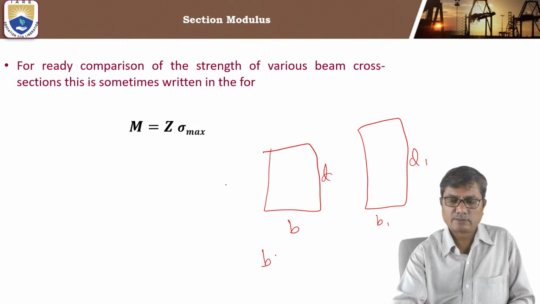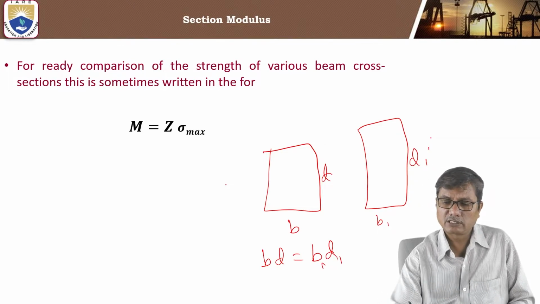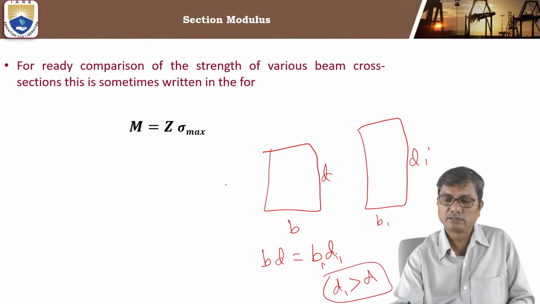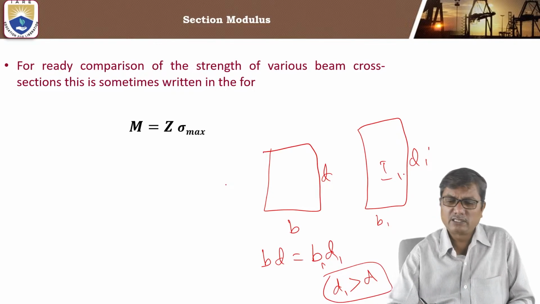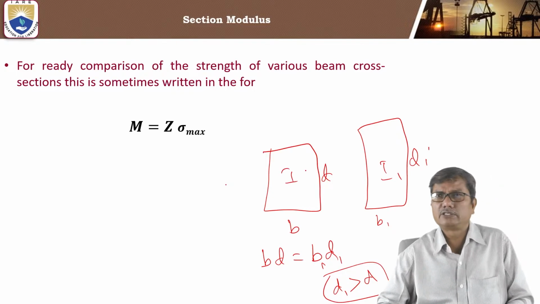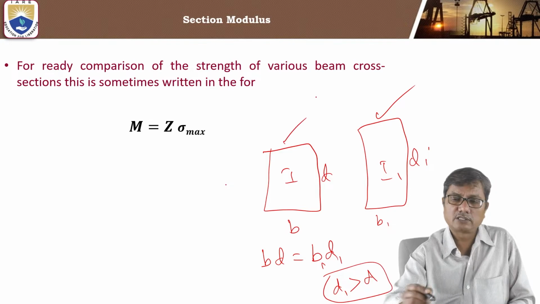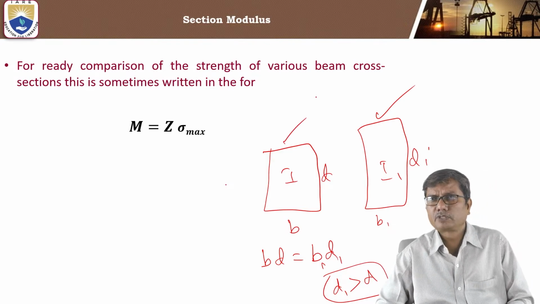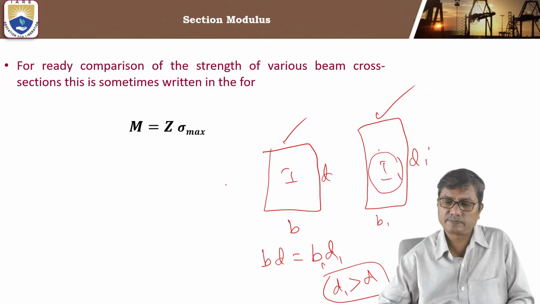Here BD and B1, D1 have the same area, but if D1 is greater than D, then the moment of inertia of this section will be greater than the moment of inertia of this section. It means the strength of this section will be more, because of the greater value of moment of inertia.